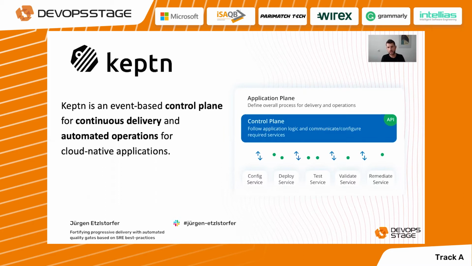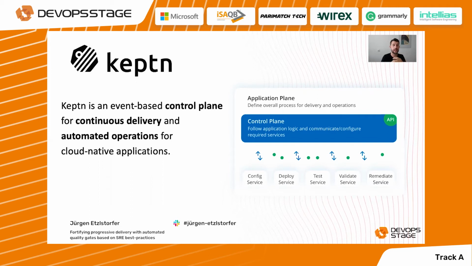So the project I'm talking about is called Captain, and it's an event-based control plane for continuous delivery and automated operation. It's usually installed in a Kubernetes cluster, but you can also run it on a small VM. And it's a control plane where you send events to or receive events. So it's easily integrated with other tools because the only thing you have to do is send events to the Captain control plane and then receive events from the Captain control plane.